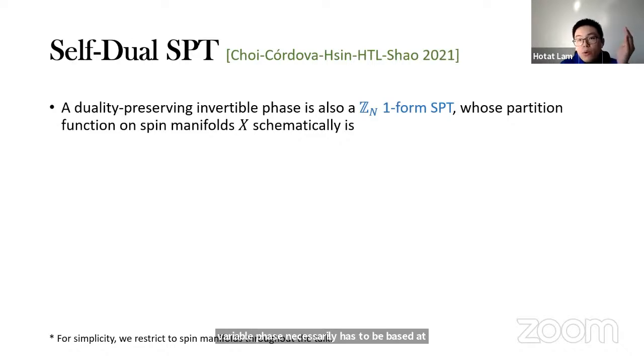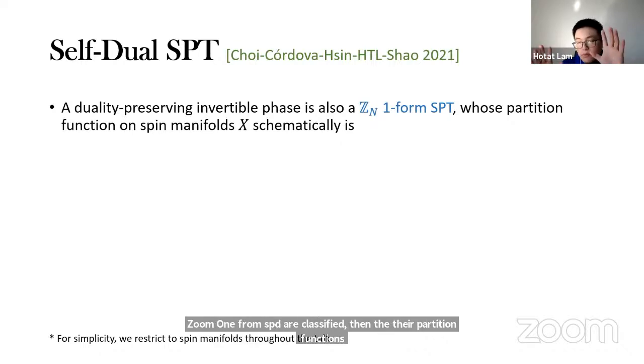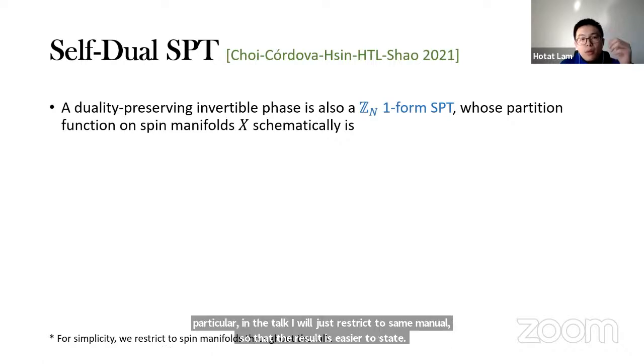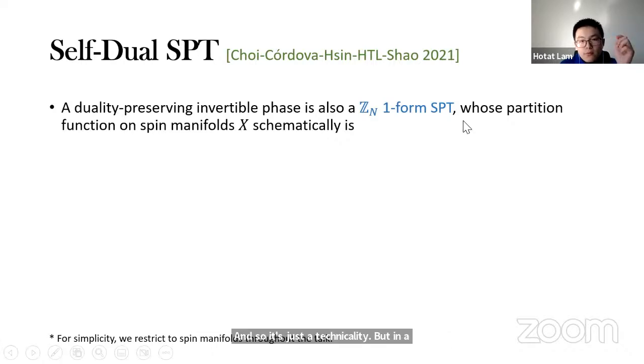In other words, it's also a Z_N one-form SPT. Z_N one-form SPTs are classified, and their partition functions on any manifold are understood. But in this talk, I will just restrict to spin manifolds so that the result is easier to state. It's just a technicality, but in the paper, we also consider more general manifolds.